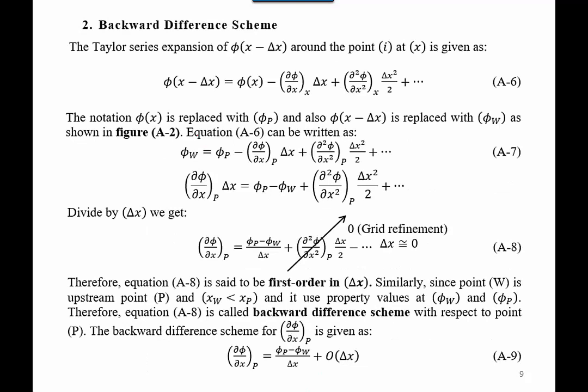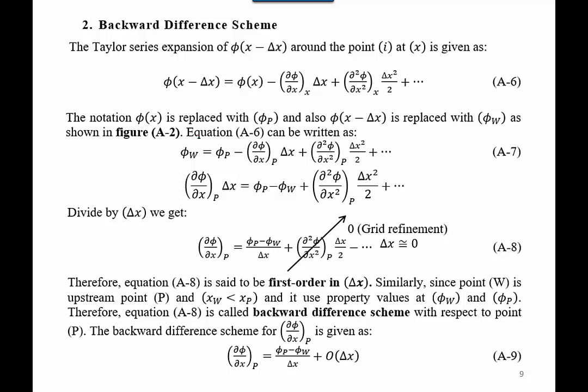For the backward difference scheme, we also use the Taylor series expansion of phi at x minus delta x around point I at x, which is given as equation A6.